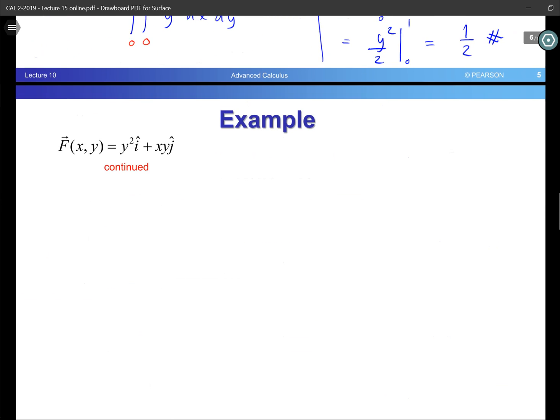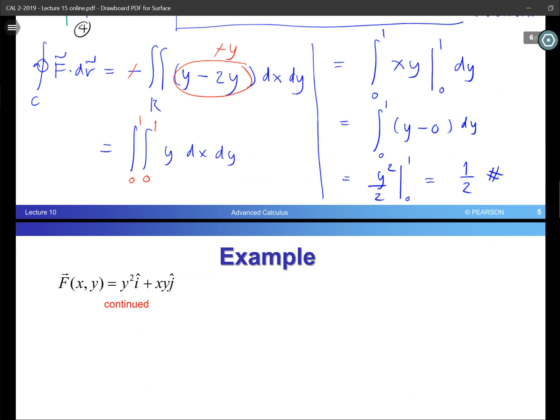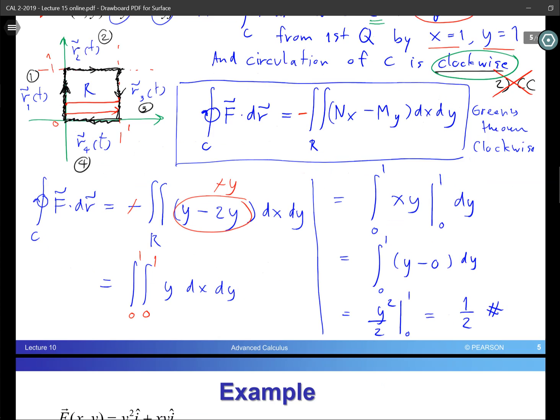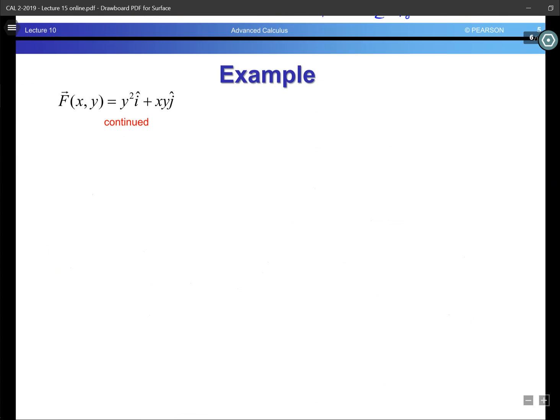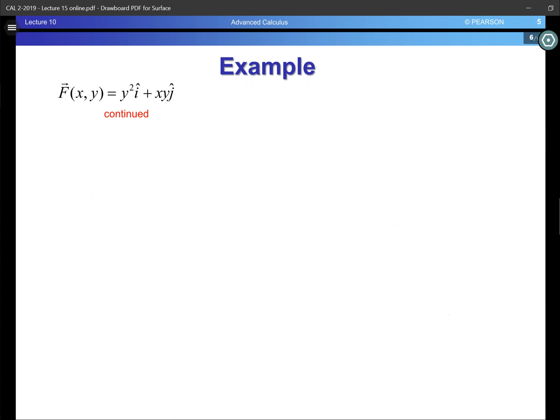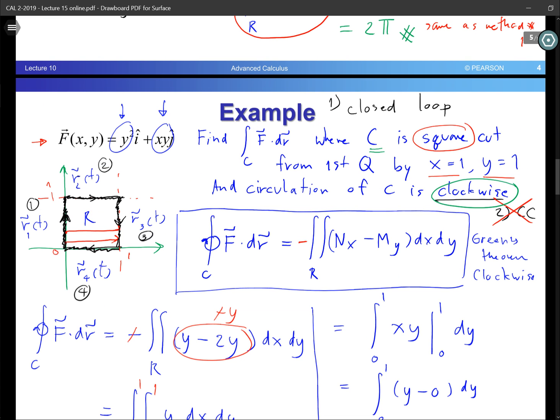This is the same example as before, but let me tell you something. When it comes to a closed loop, before we had this square that started from 0 to y equal to 1, then moved along the x-axis and came back to the original place.